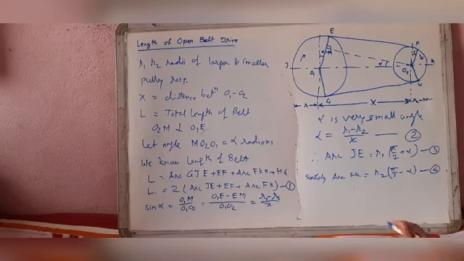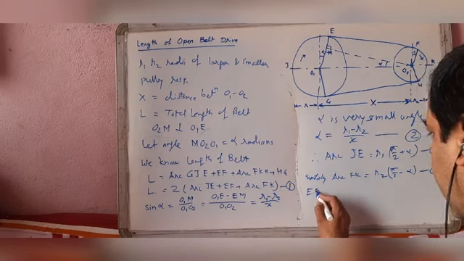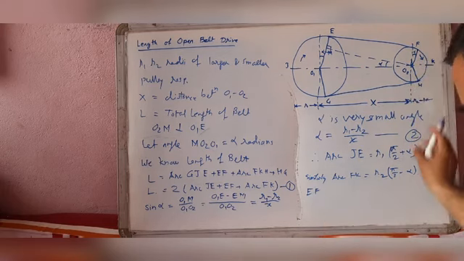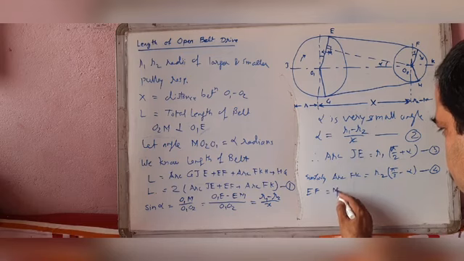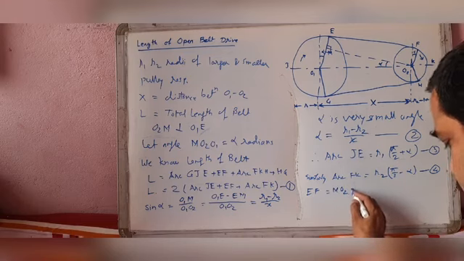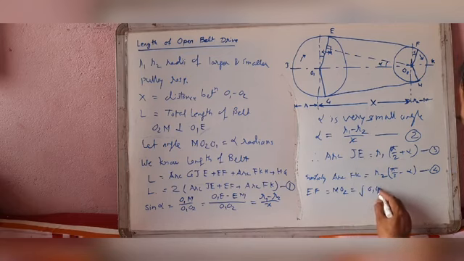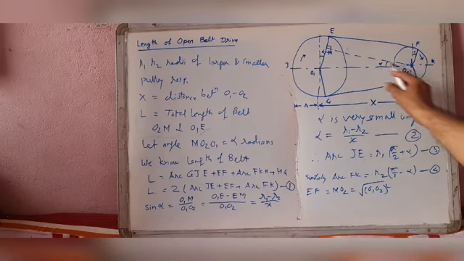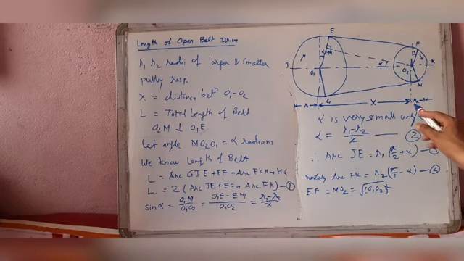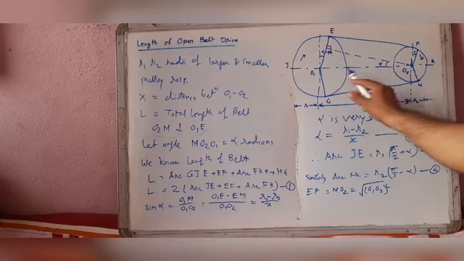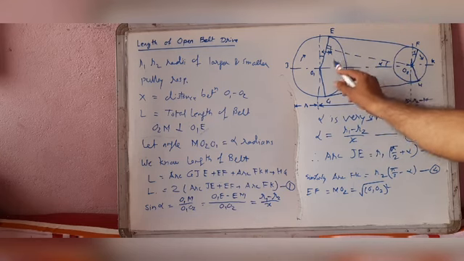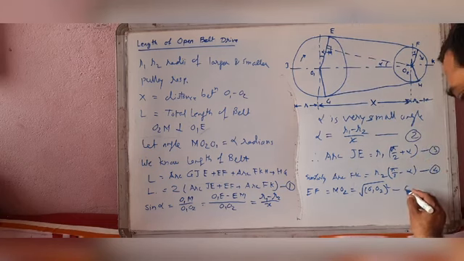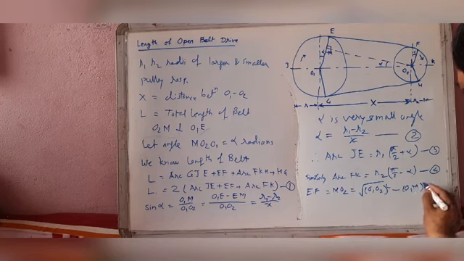Now EF equals MO2, that is equal to the square root of O1O2 squared minus O1M squared.